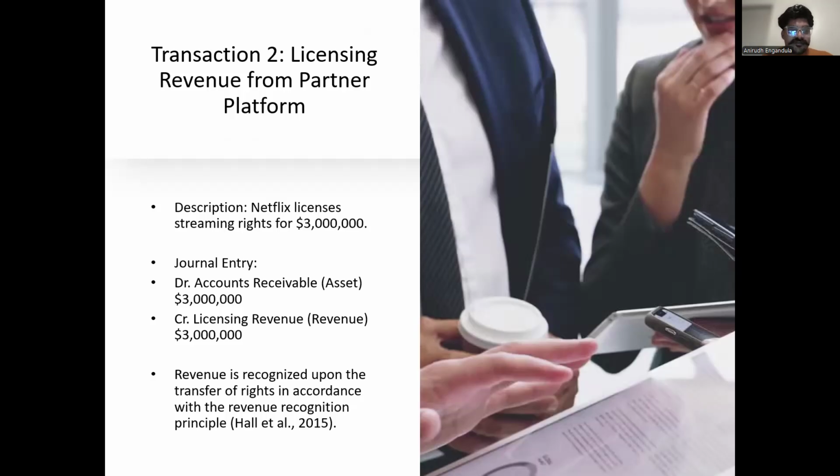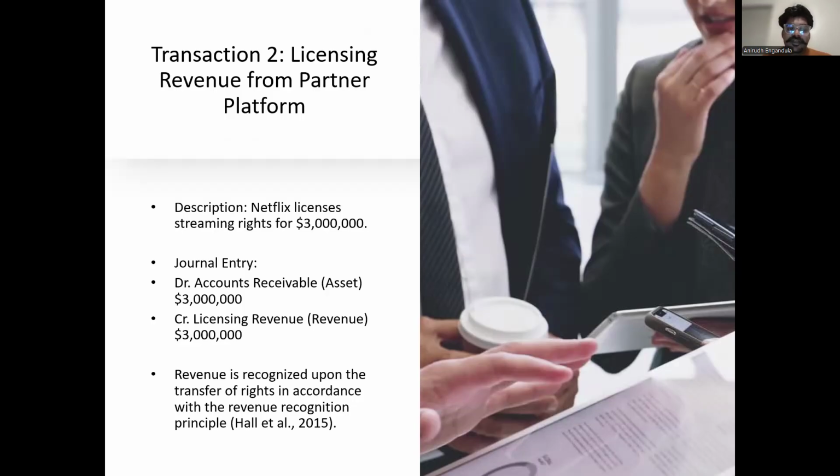For the second transaction, this would be for licensing revenue from a partner platform. In this transaction, Netflix licenses streaming rights to another platform for $3 million for Wednesday. Now, let's call it 2B. The journal entry is the debit accounts receivable, that is an asset, for 3 million, and credit licensing revenue, which would be revenue, for $3 million.